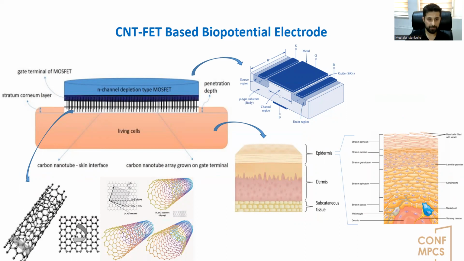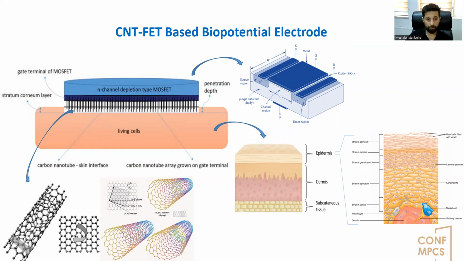Here we have a novel active electrode with an increased contact surface by utilizing carbon nanotubes. The electrode contains needle-like carbon nanotube arrays grown on and vertically aligned at the gate of an N-channel depletion type metal oxide field effect transistor.